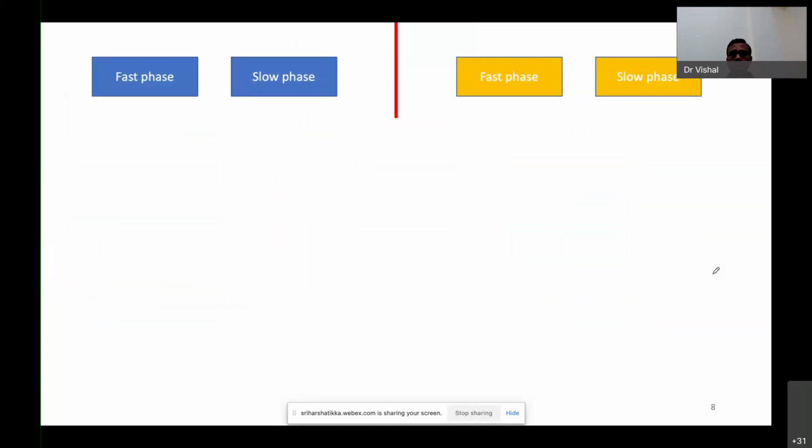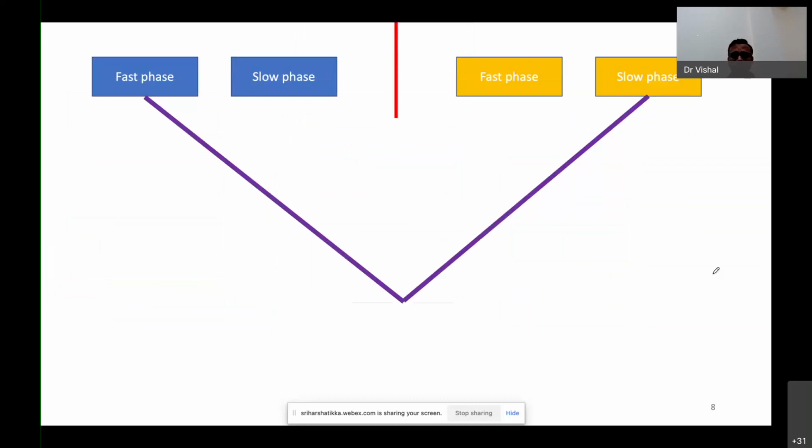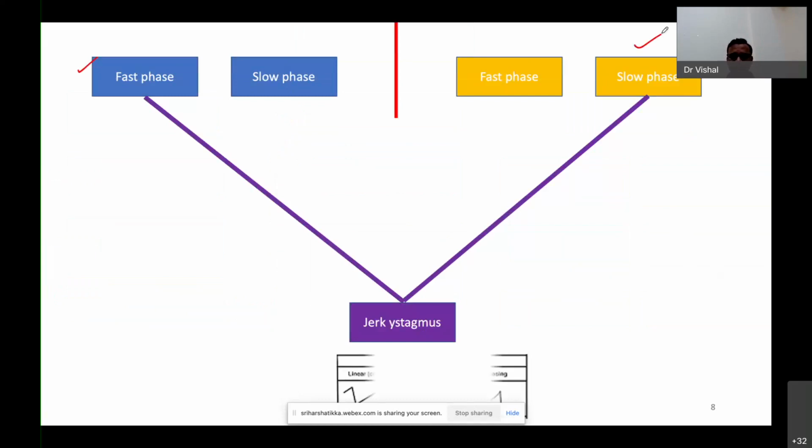Now, as we know, nystagmus has a fast phase and a slow phase, and the most common variety is a jerk nystagmus. So here we are seeing the slow phase, and this is the fast phase. The nystagmus is named after the fast phase. For example, this nystagmus is beating towards the left, so it is a left beating nystagmus.